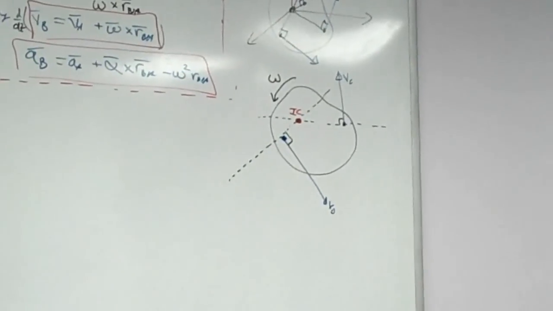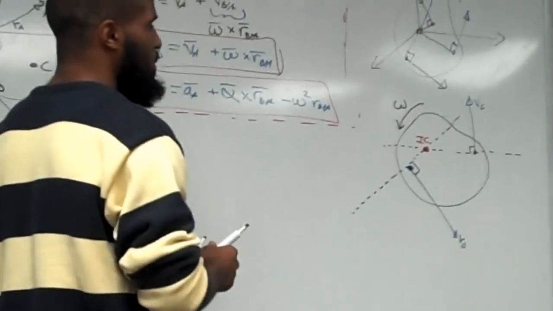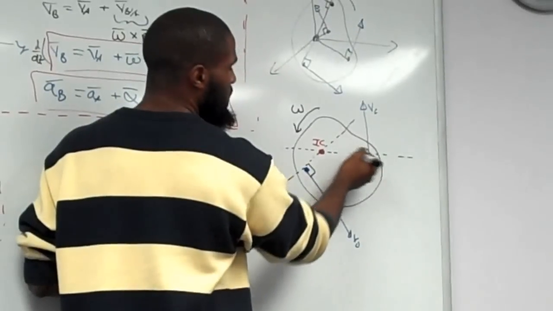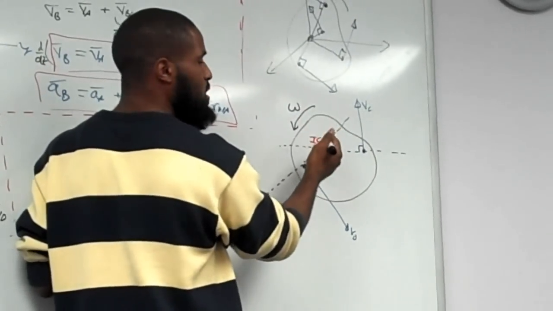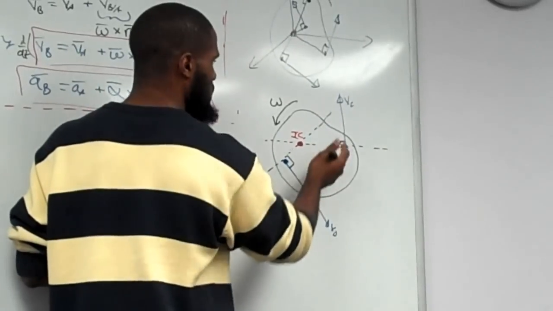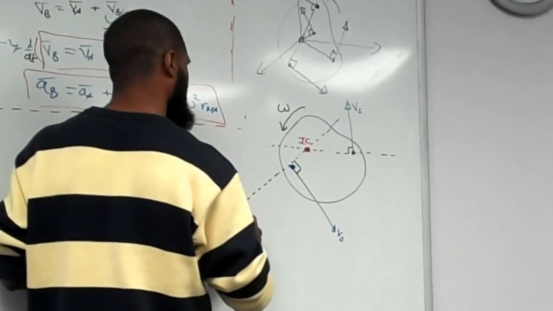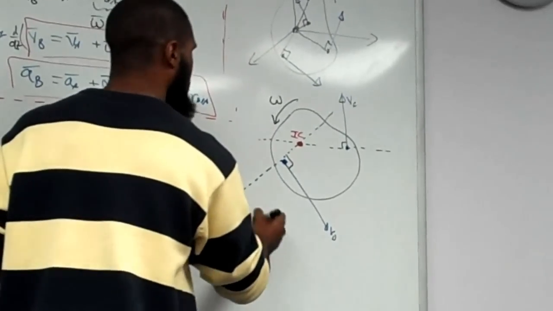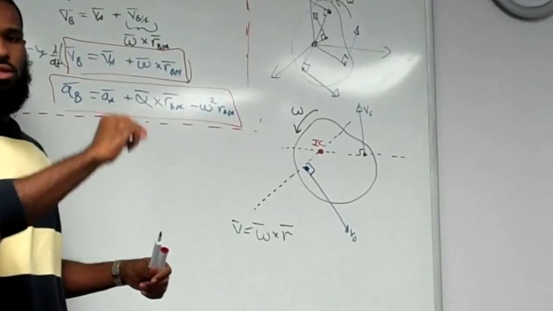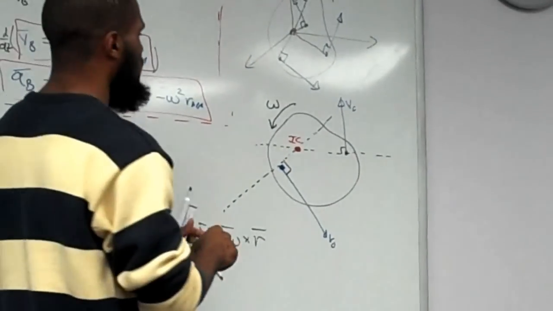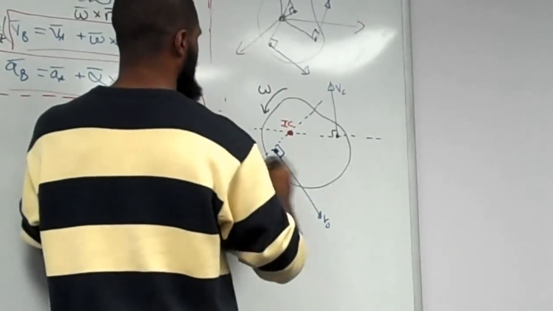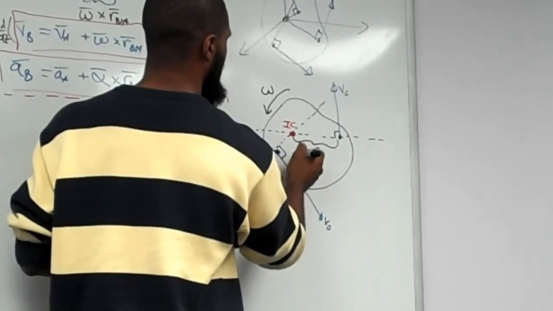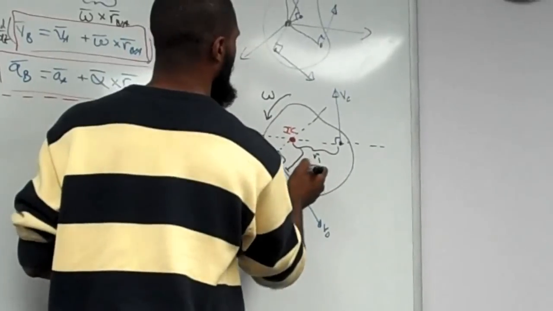I do know also that I have an angular velocity omega. Like the book covers, the velocity of a point from the point of rotation is always given as omega cross r, where r is the distance from the point of rotation to the point in question, okay? So in this case, we'll call this distance here r1, and this distance here r2.